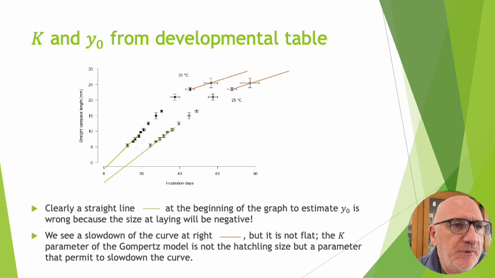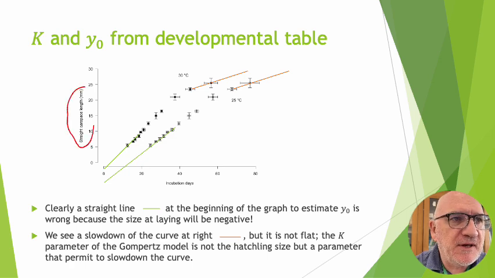Then, if you plot the incubation days against straight carapace length, you see that you have a relationship, but the relationship is clearly not linear. This is normal because we won't use a linear model. If it was linear, it would be simpler. Here we will use the Gompertz model, and to estimate the Y0 value, the equivalent size at laying time, we must search for the expected equivalent straight carapace length at time 0.